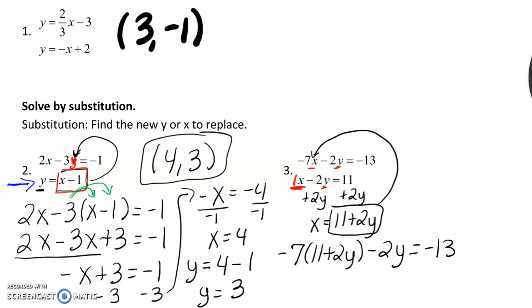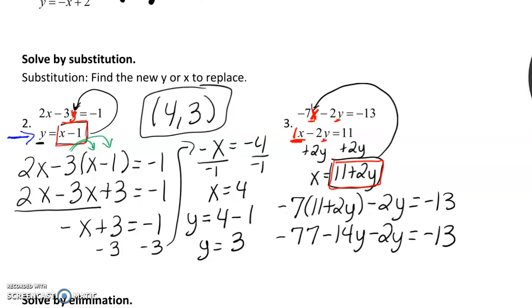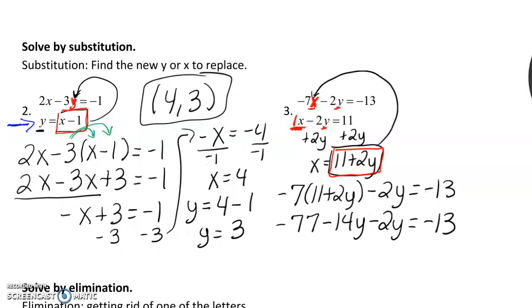Right here where there was an x, I put in what I had found x to be from the other equation. Now I'm going to distribute. So I have -77 minus 14y minus 2y equals -13. I'm running out of room a little bit here, so I'm going to move this up just a little. Now I'm going to combine my like terms.